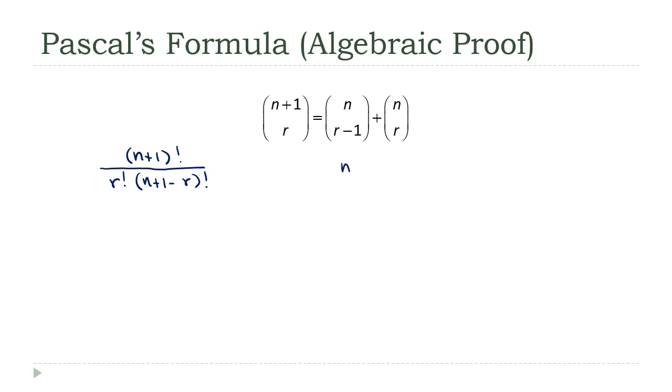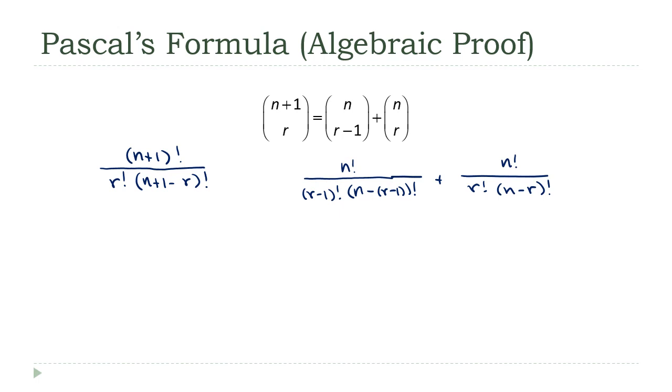This is n factorial over r minus 1 factorial times n minus r minus 1 factorial, plus n factorial over r factorial times n minus r factorial. Okay, I've got two fractions on the right and only one fraction on the left. So the first thing that comes to mind is, can I add those two fractions together? And yeah, I can do that.